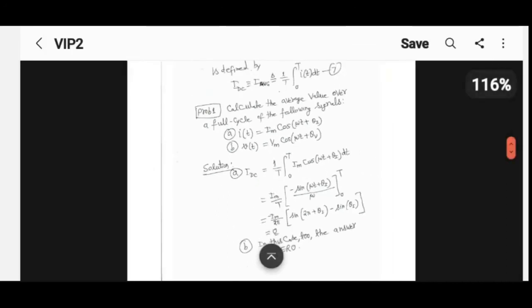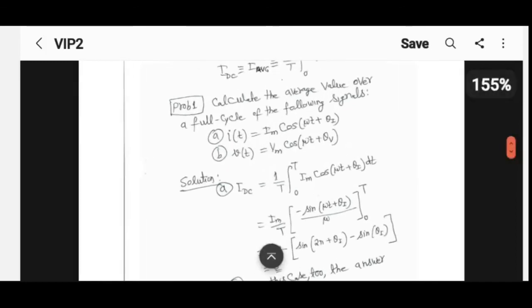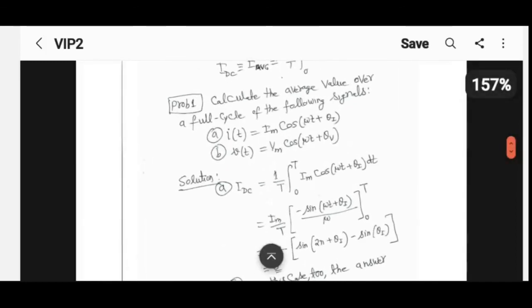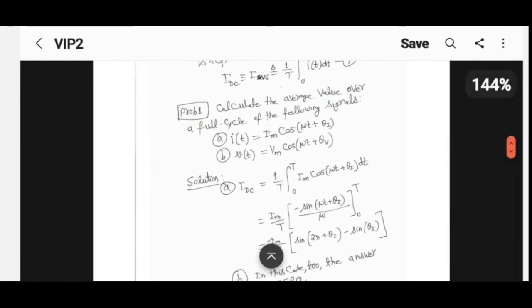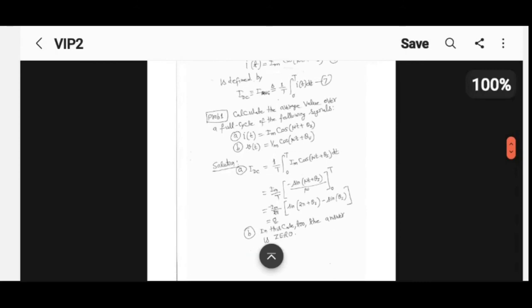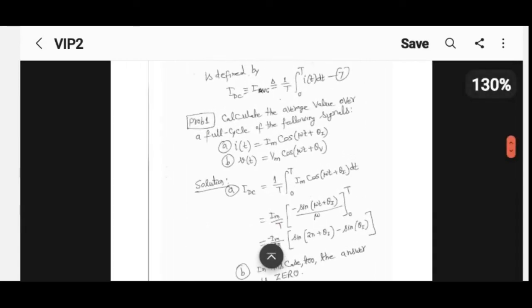You will see that when it comes to power, things are not that straightforward. In many other courses, you have been taught a lot about voltage and current, but I don't think enough attention has been paid to the power aspects. Power, it will turn out, will have some time varying component and some non-time varying component, even though the voltages and currents are both time varying.